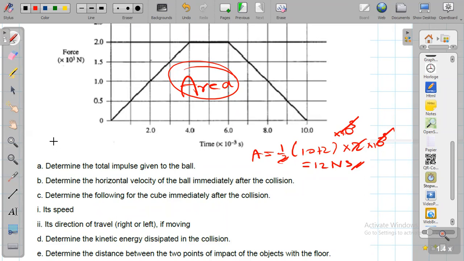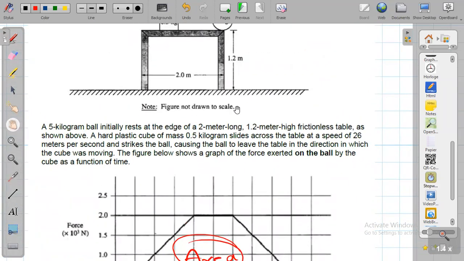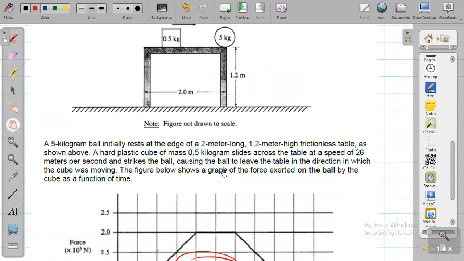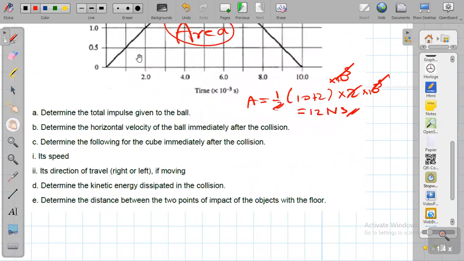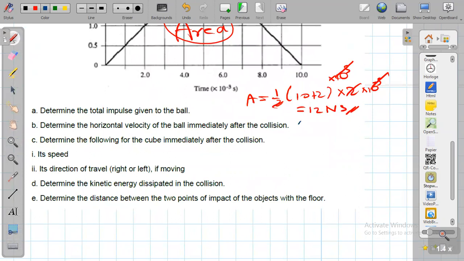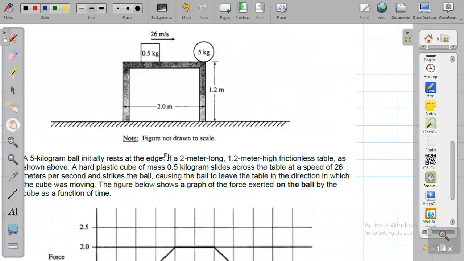Determine the horizontal velocity of the ball immediately after the collision. Once the collision takes place, does the change of momentum take place? This is the amount, that means delta P. Delta P equals mv. So delta P is 12, and the mass of the ball is 5 kilogram.